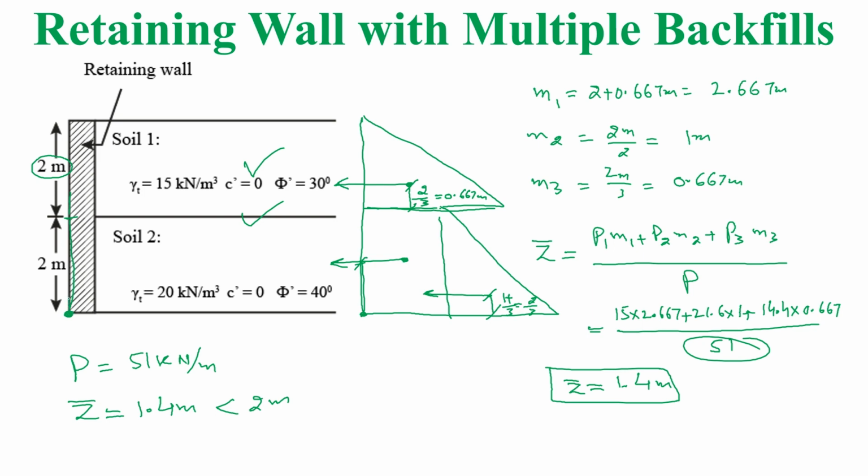So we will move from this reference point to a height of 1.4 meter, and we call this P as 51 kilonewton per meter, and its distance from the base will be equal to 1.4 meter. So basically, this is how we can solve a retaining wall.